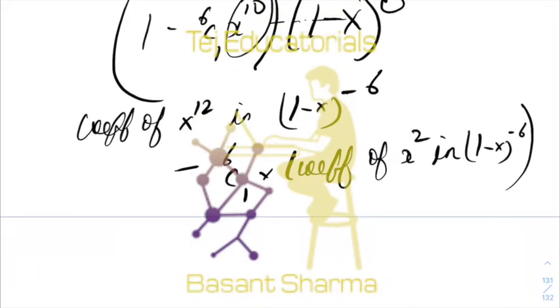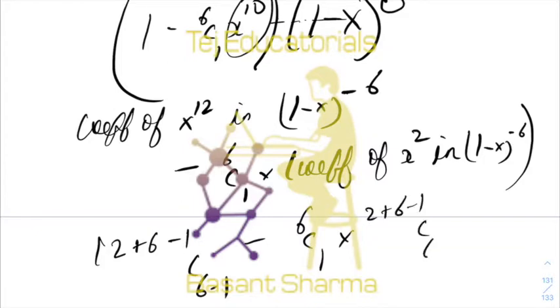So this is nothing but 12 plus 6 minus 1 c 6 minus 1, minus 6c1 into 2 plus 6 minus 1 c 6 minus 1. So this is 17c5 minus 6c1 into 7c5. This is your answer.